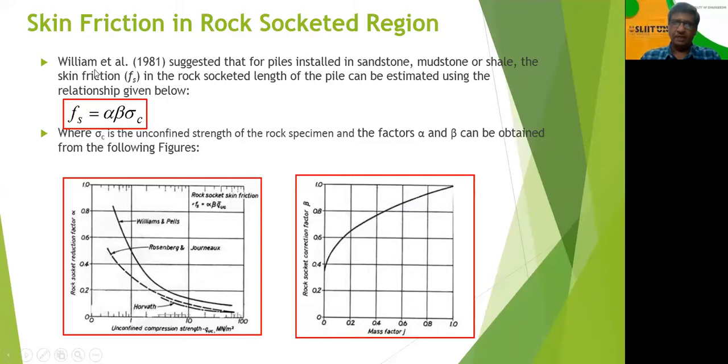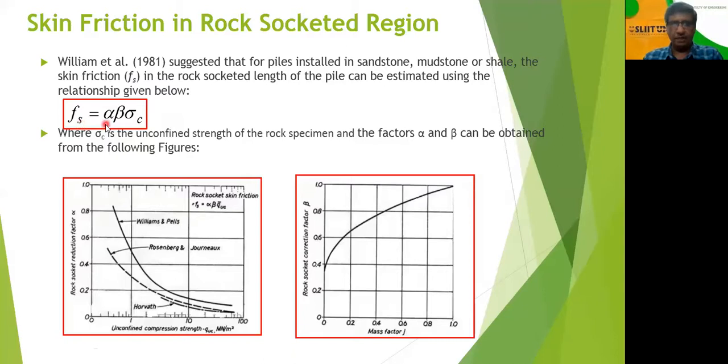This is the method proposed by Williams et al. If you look at the new CEDA guidelines, it says alpha, beta, and sigma c, right? Those are the equations to determine the ultimate skin friction.